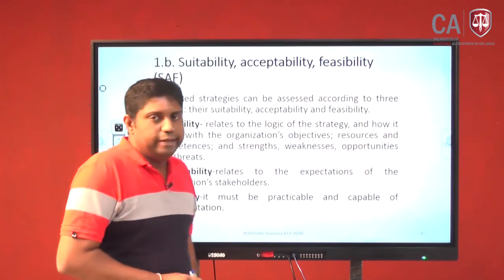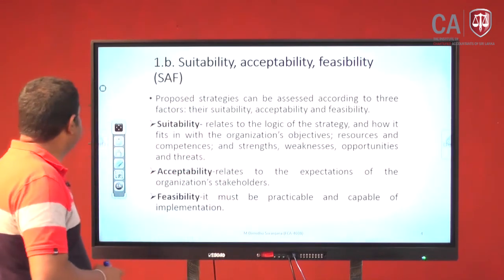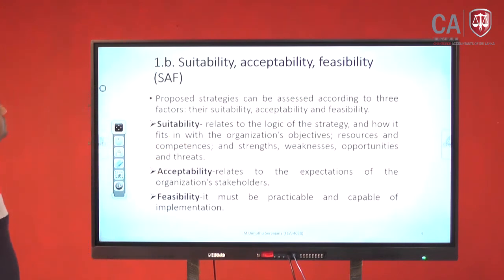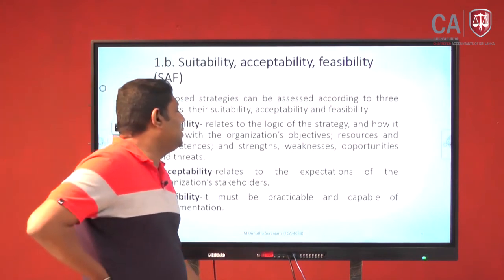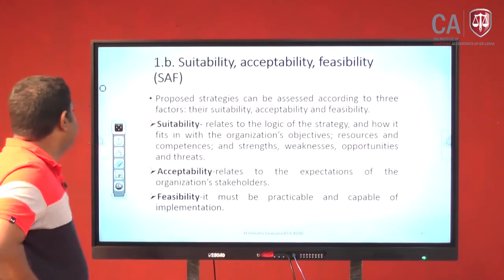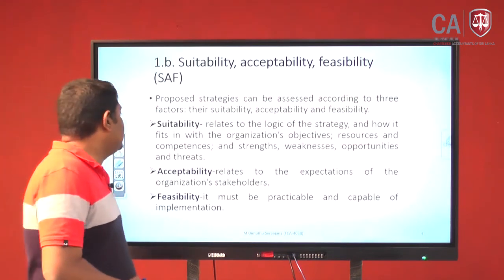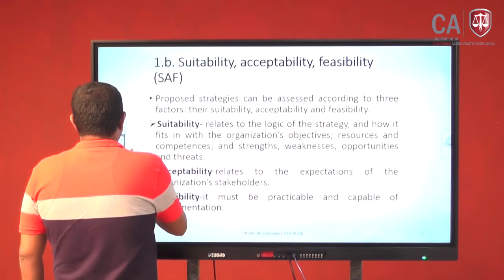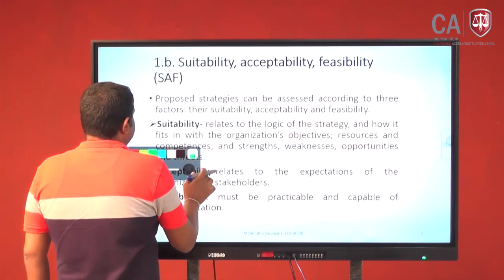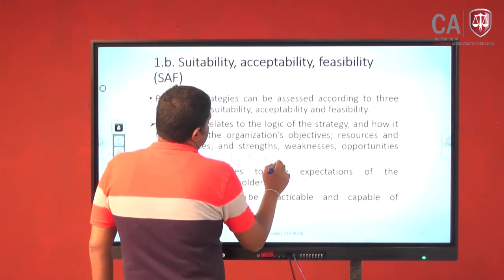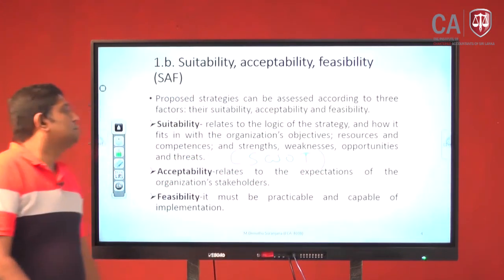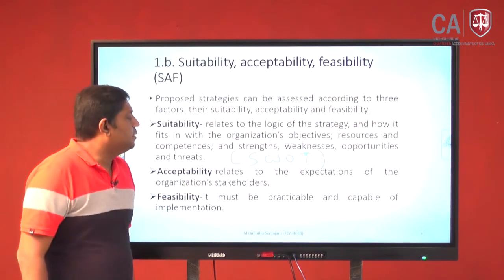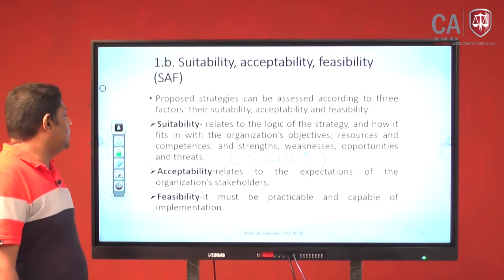If you look at this, you can see suitability is related to the logic of the strategy and how it fits with the organization's objectives, resources and competences, and strengths, weaknesses, opportunities and threats. This is SWOT factors, right. Then accessibility is connected with the stakeholders.